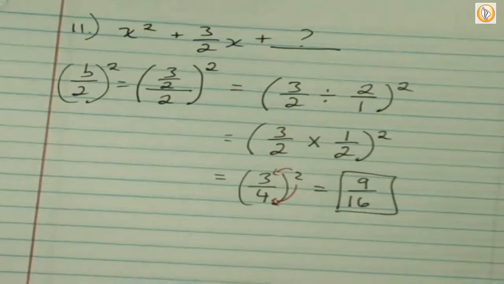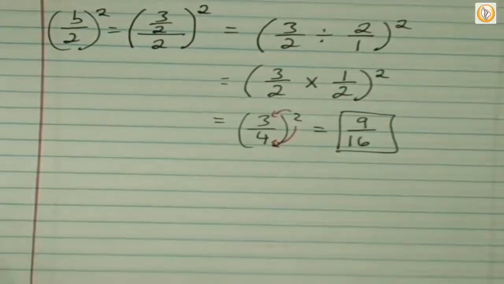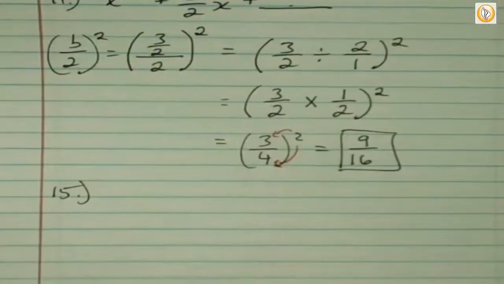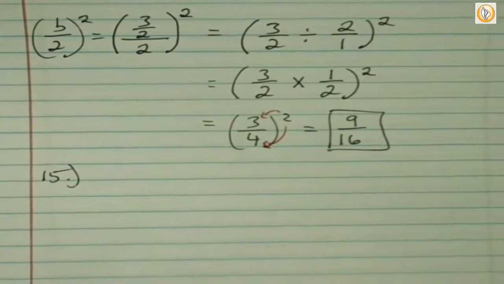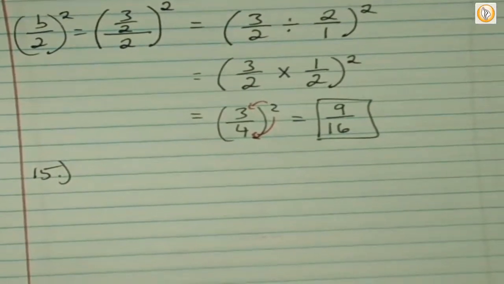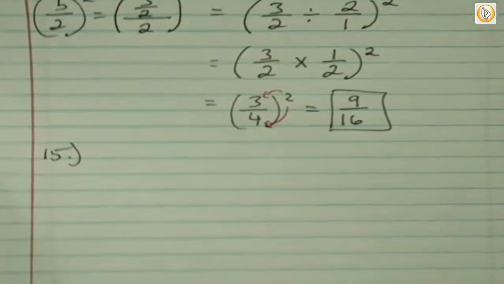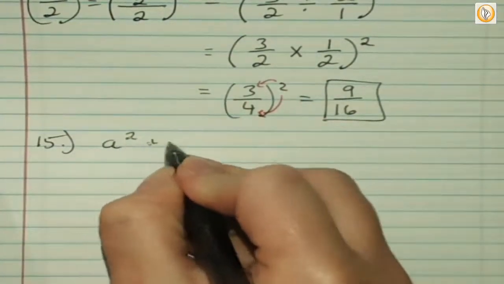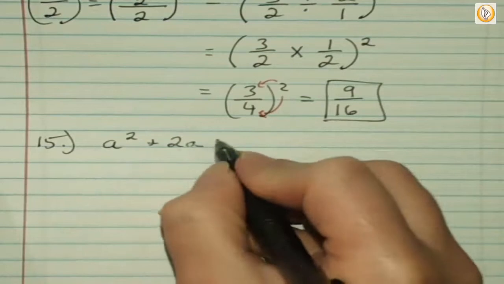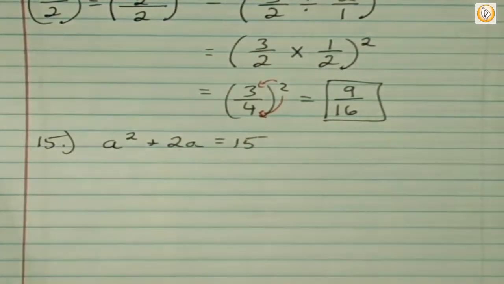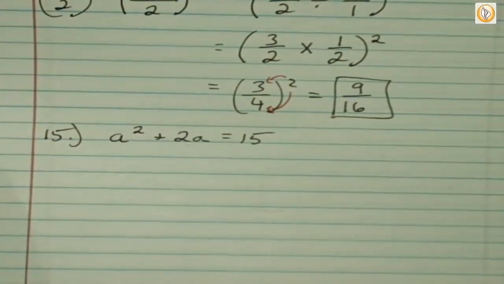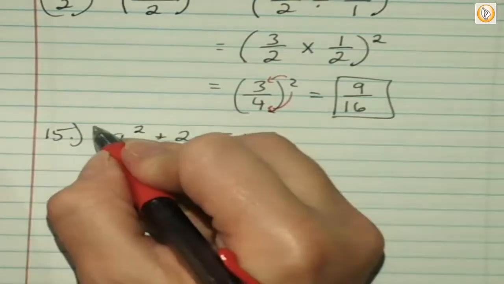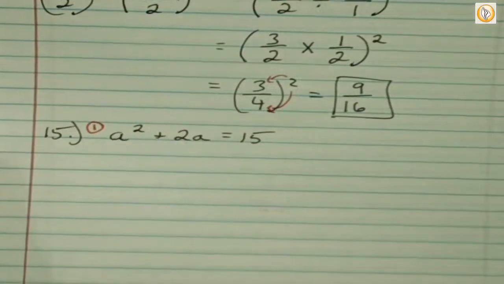All right, now that y'all understand step 2, let's start solving. Number 15. Directions say solve by completing the square. All right, so here's what you're given. a squared plus 2a equals 15. Now, I'm going to do this one. This is step 1.